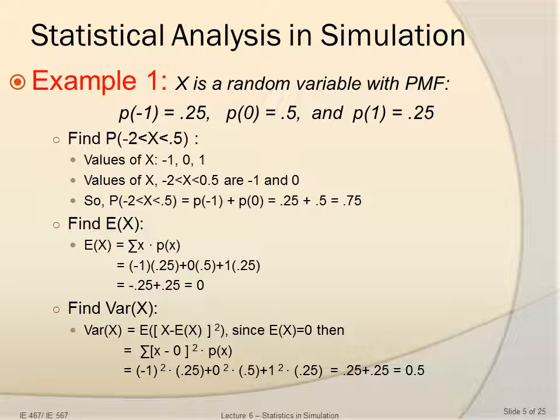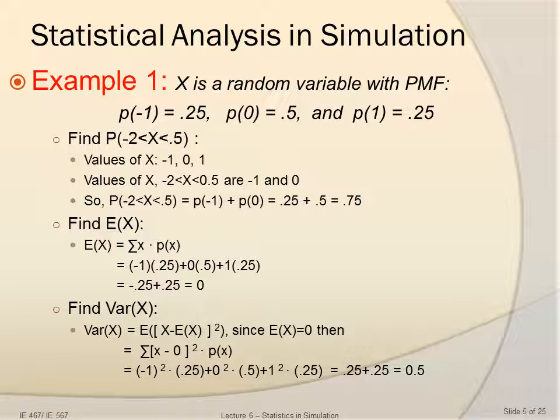And then 0 minus 0 squared, which is 0 squared, multiplied by the probability of x taking the value 0, which is 0.5, and then we also add the value of x being 1 minus 0 squared, so that's 1 squared, multiplied by the corresponding probability of x equals 1, which is 0.25.